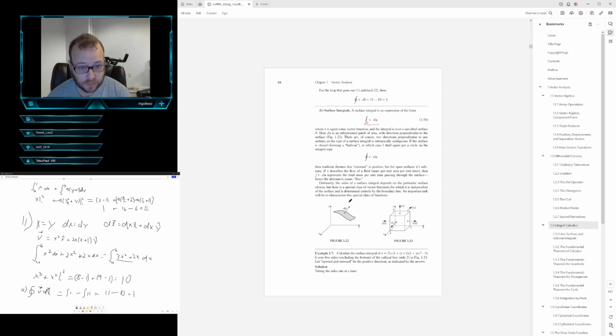So outward is positive, inward is negative. We can then define what is called the flux, which is how much stuff is passing through some volume or through some surface.